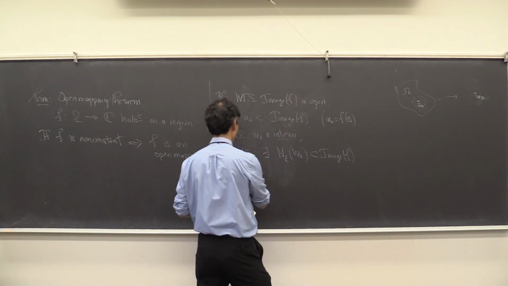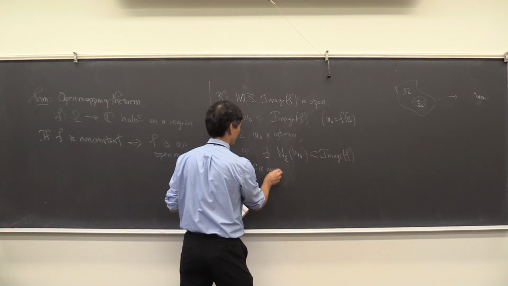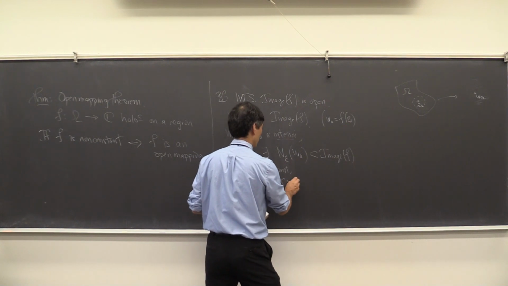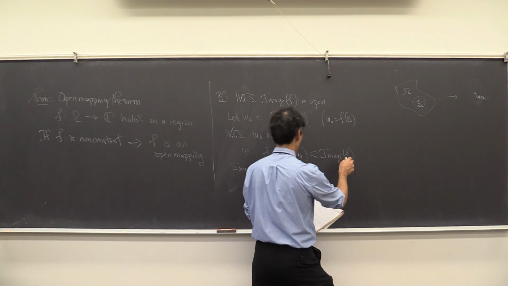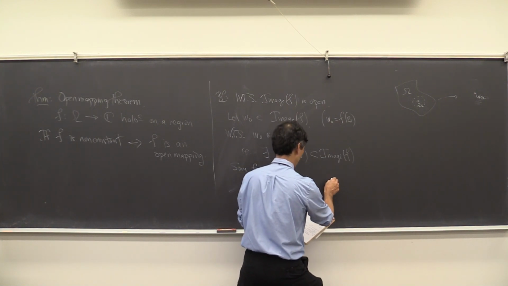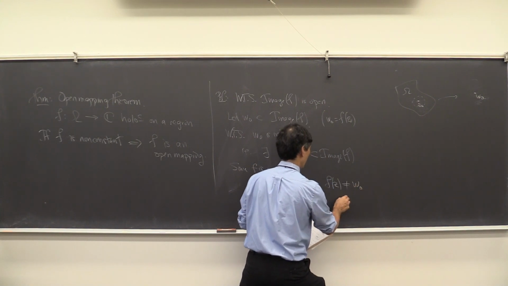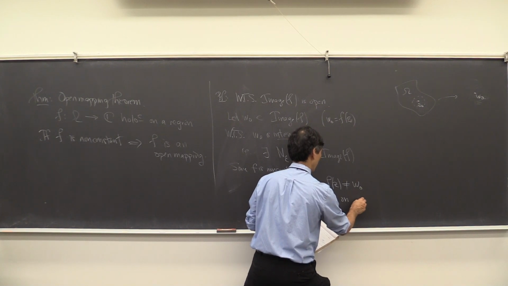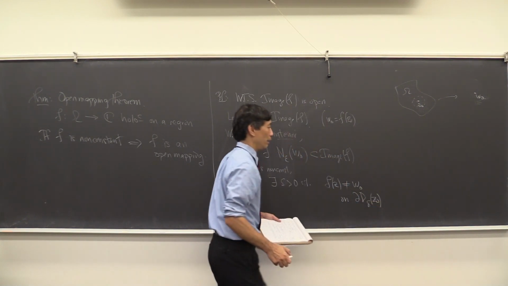So we know since F is non-constant, we know that there is some delta such that F of Z is not equal to W naught on the boundary of the disk of radius delta around Z naught.